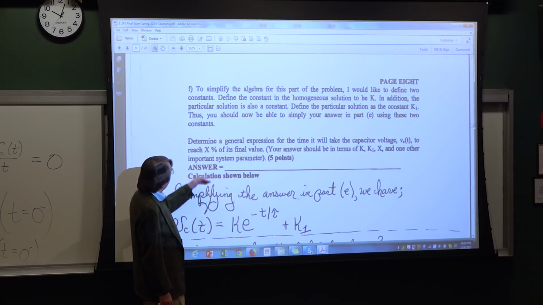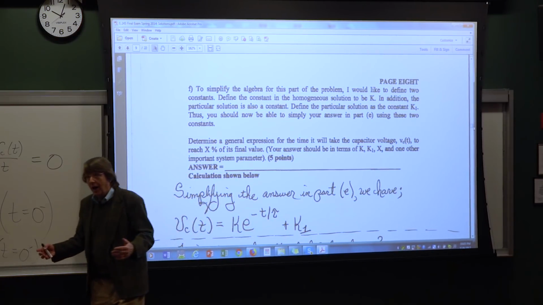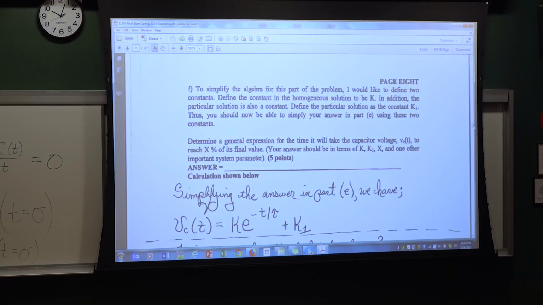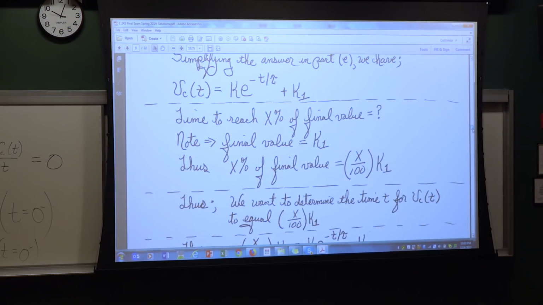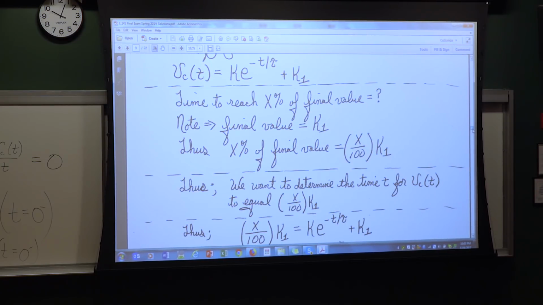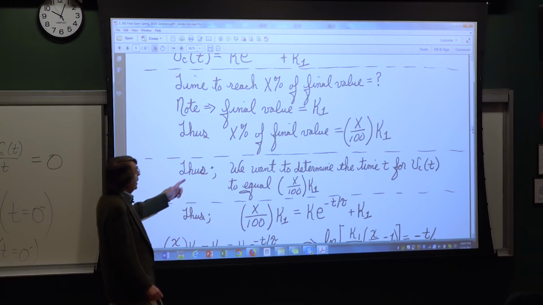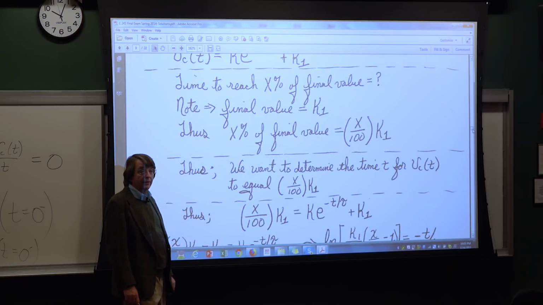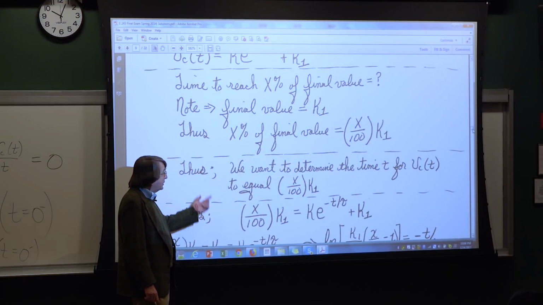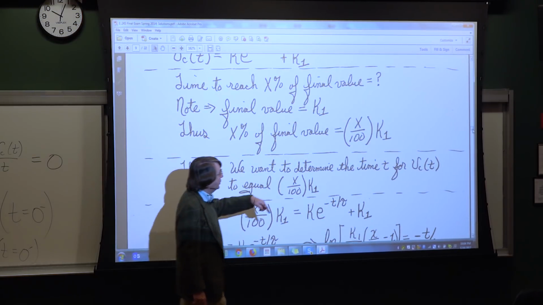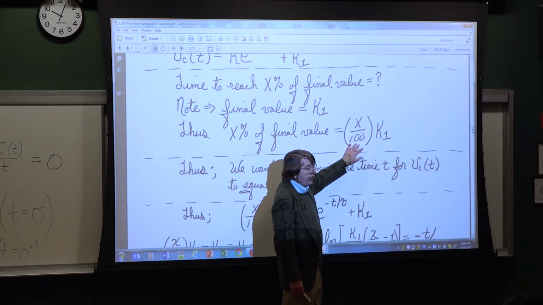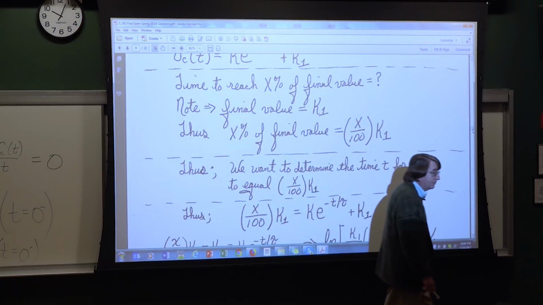And now we want to get to X% of K1. So just have confidence in yourself. You can set this up. The time to reach X% of the final value. The final value is K1. So X% of the final value is X over 100 times K1.